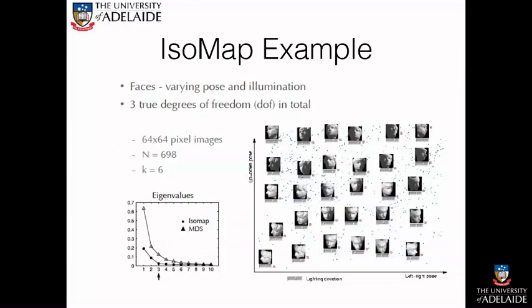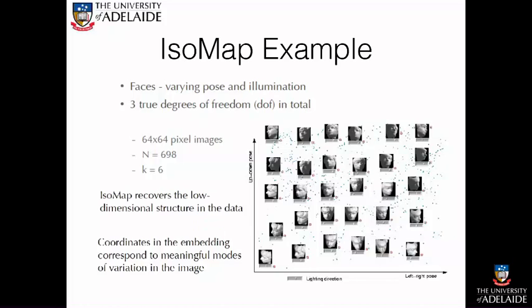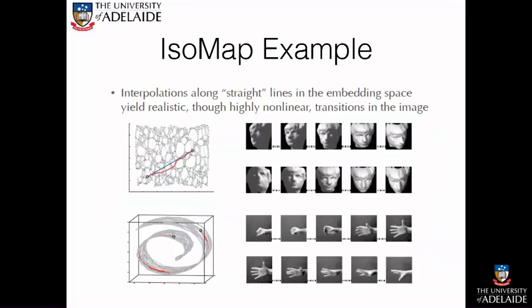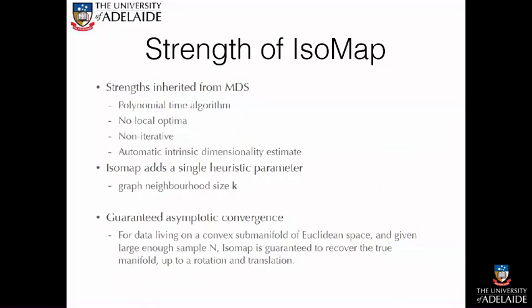This paper is a breakthrough work in machine learning. It was published in the journal Science around 2000. It has tens of thousands of citations now. Okay, there are some advantages and disadvantages of Isomap.